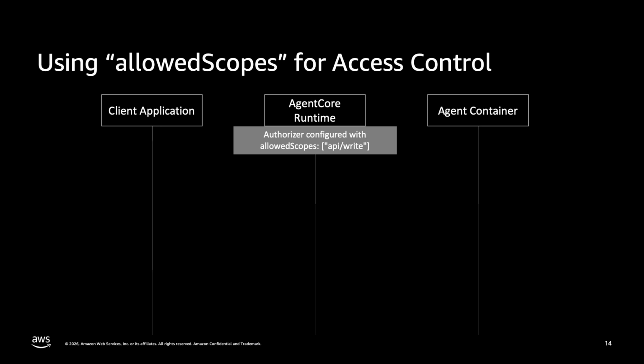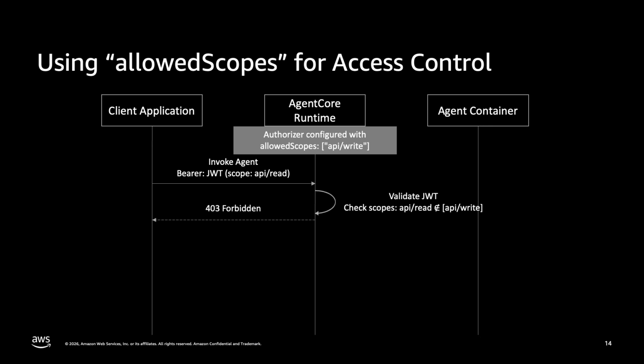Let's see this in action with an agent that has an authorizer configured to require API write. What happens when a client invokes the agent with a token that only has API read scope? AgentCore validates the JWT: signature, issuer, expiration, everything checks out. But then it checks the scopes. API read is not on the allowed list, so the request is denied with a 403 forbidden.